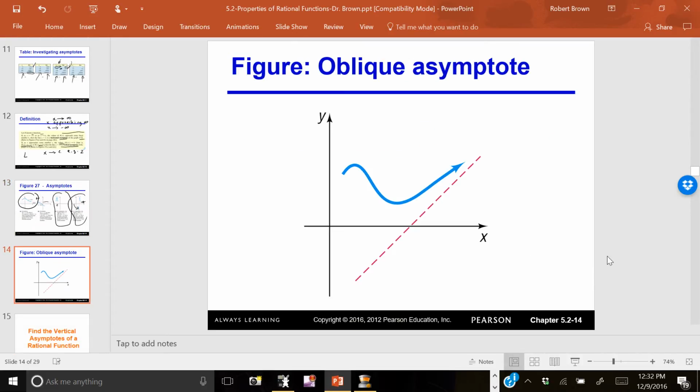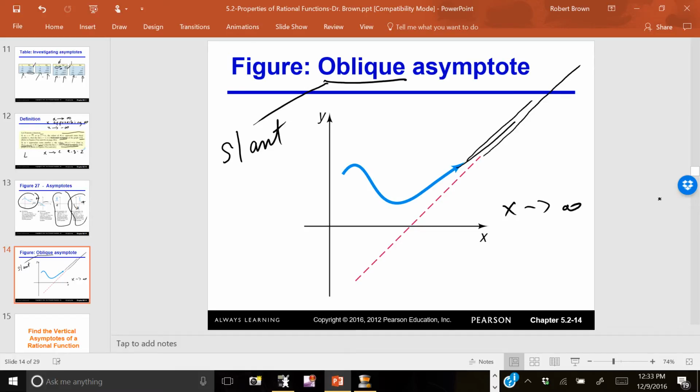Now there is another kind of asymptote called an oblique asymptote. Sometimes we call it a slant asymptote. And in this particular case, as x goes to infinity, the function does not approach a constant value. It just simply gets closer and closer to a straight line.